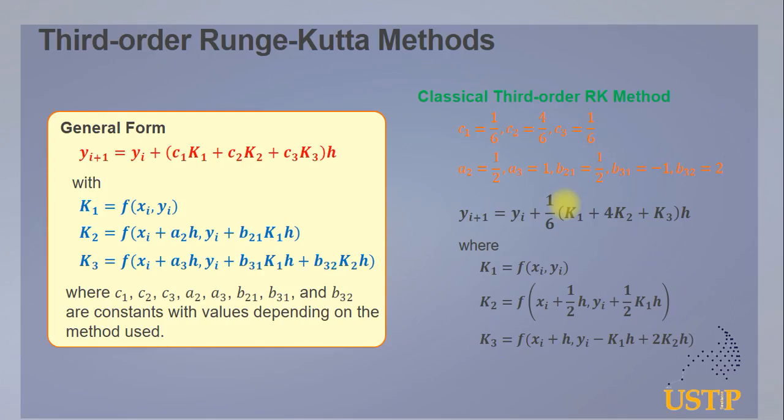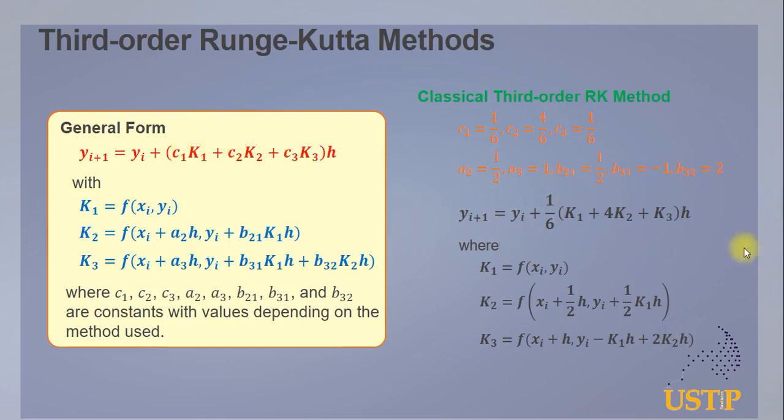For C1, we have 1 over 6, C2 equal to 4 over 6 or 2 thirds, and then C3 equal to 1 over 6. And then A2 is equal to 1 half, A3 is equal to 1, B21 equal to 1 half, B31 equal to negative 1, B32 equals 2, and then yi plus 1 equals yi plus 1 over 6 times k1 plus 4 k2 plus k3, times h. So that is just by substituting the values of the constants, no?